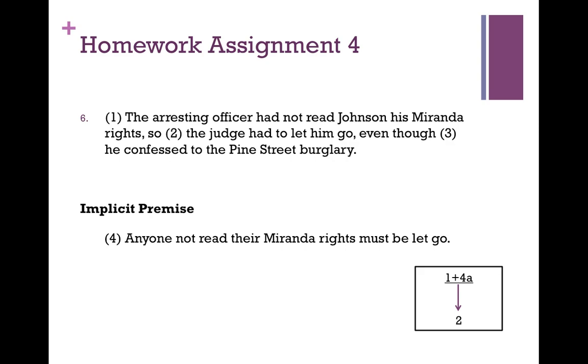That's an add-on. So you could delete that, and probably some of you may not even have separated out 2 and 3 as I did here, but I did just to emphasize this point: when we're distilling arguments, we want to focus only on what is absolutely essential, and we can cut out what is non-essential. So, in fact, if you were distilling this, you may not even have numbered this, and you would have just drawn a line through he confessed to the Pine Street burglary, because it really doesn't add to the core of the argument.